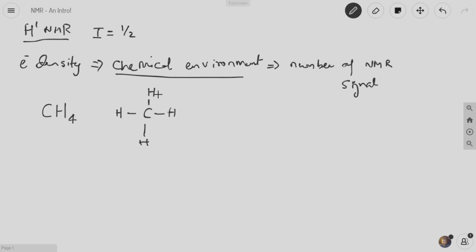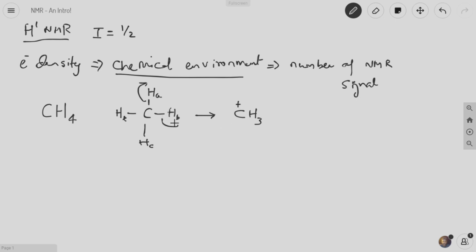I am assuming the hydrogens to be HA, HB, HC and HD just for marking sake. I remove one of the hydrogens, that is HA, and it gives me a methyl cation.